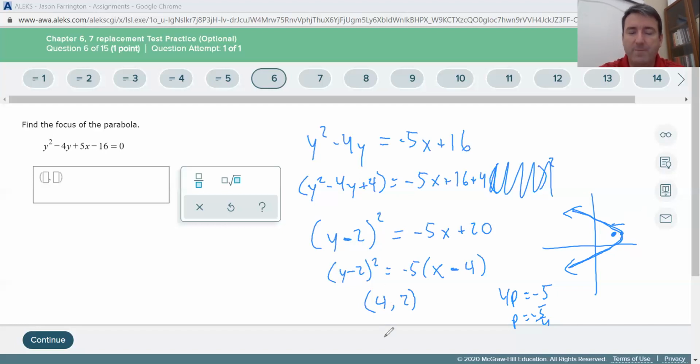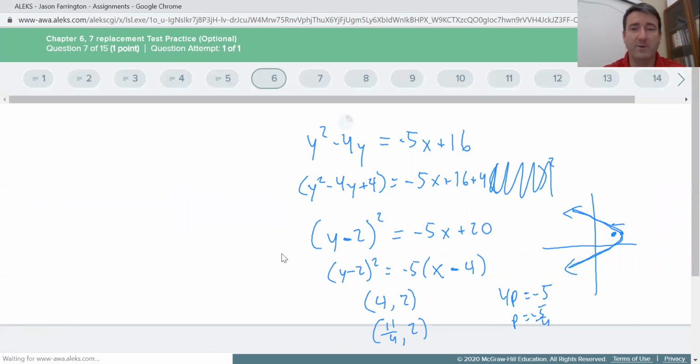So 4 minus 5/4 is going to be 11/4. Our focus is going to be at 11/4 and 2. So let's plug that in: 11/4 and 2. All right, that was a lot of work on that one.